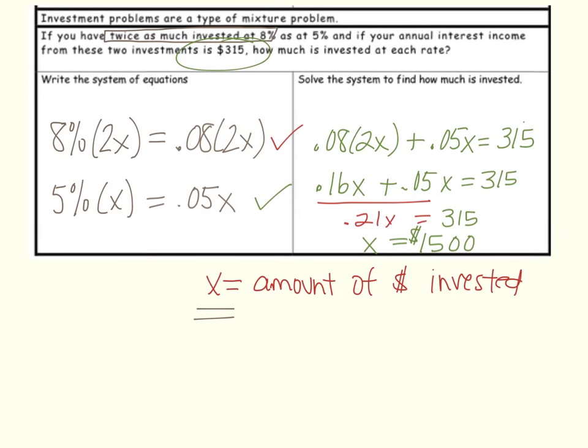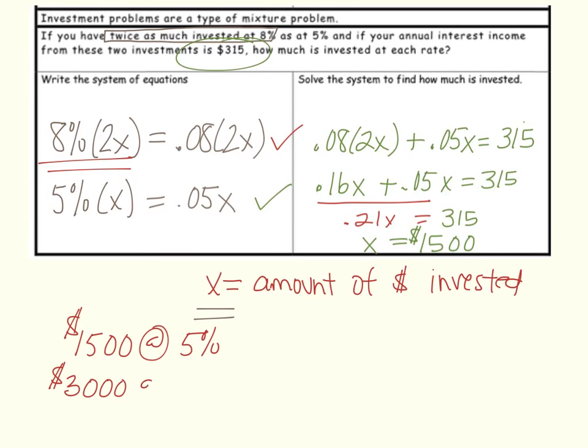So I invested $1,500 at 5% interest, and then at 8% I invested 2 times that, so 2 times 1,500. I invested $3,000 at 8%.